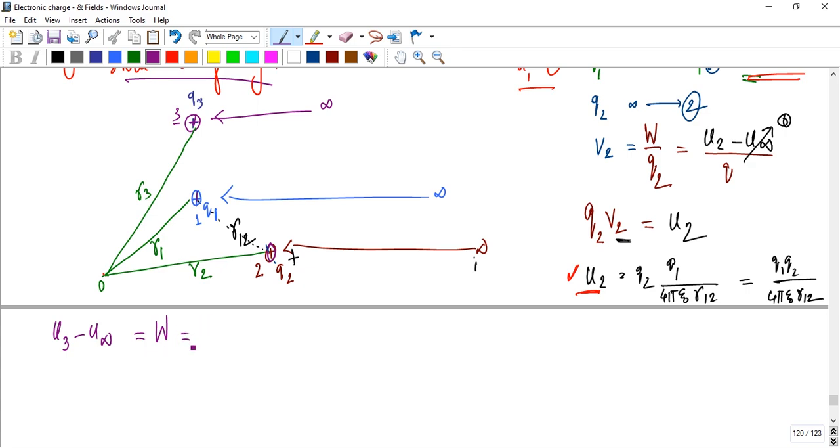So against that repulsive force we need to do work, which is equal to the charge Q3, a test charge.